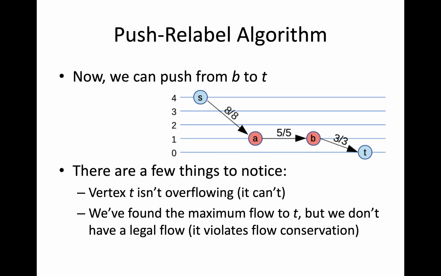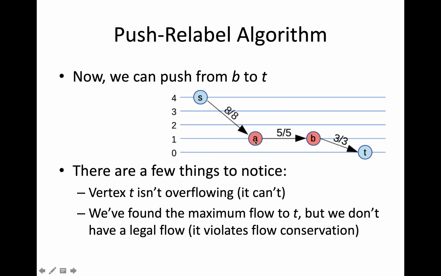I keep looking for push and relabel operations that I can do. A and B are both overflowing. I can't push from B right now because this edge is saturated. And if you think about B, there's a residual edge that would let me take back some of these 5 going from B to A. But I can't push across that yet because B's height is the same as A's.